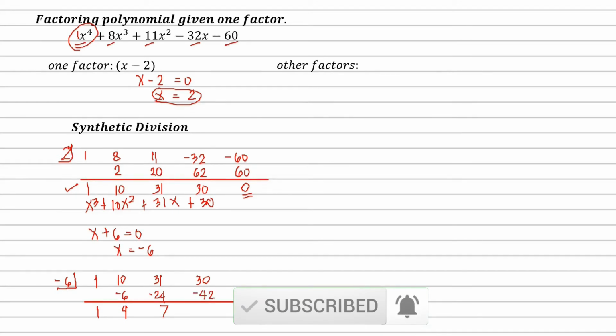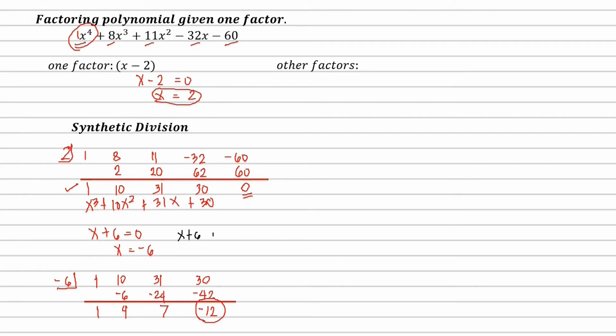Then 30 plus negative 42 is negative 12. Yung last number natin dito ay negative 12. Ibig sabihin, yung x plus 6 natin ay hindi siya factor. So, x plus 6 is not a factor of our polynomial.